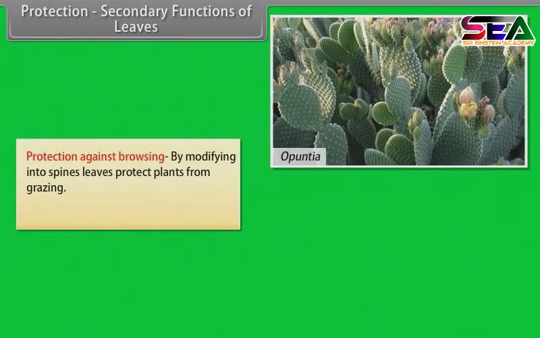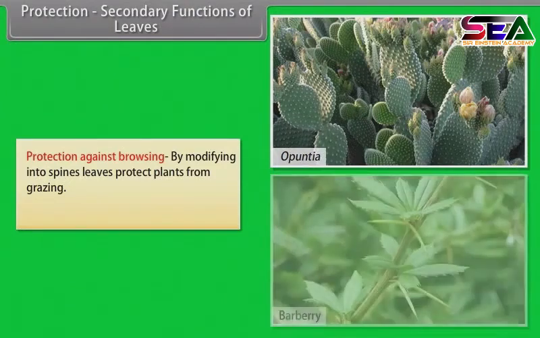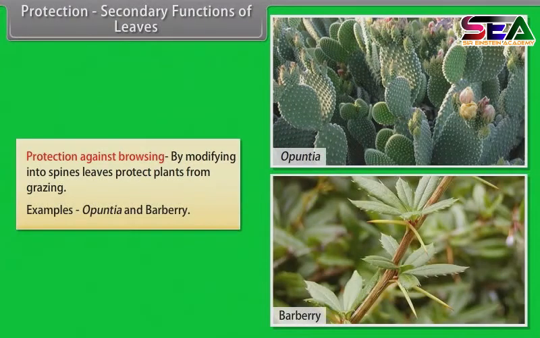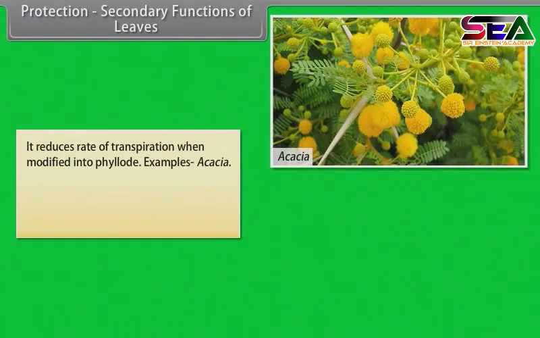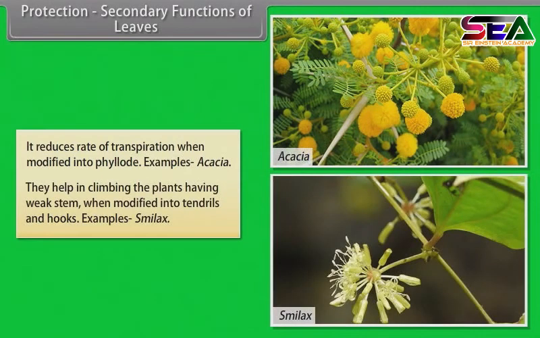Protection against browsing: by modifying into spines, leaves protect plants from grazing. Examples: Opuntia and Barberry. It reduces rate of transpiration when modified into phyllodes. Examples: Acacia. They help in climbing the plants having weak stem when modified into tendrils and hooks. Examples: Smilax.